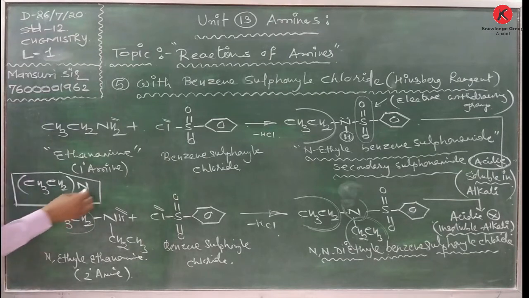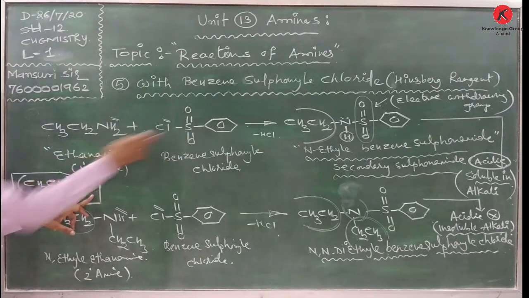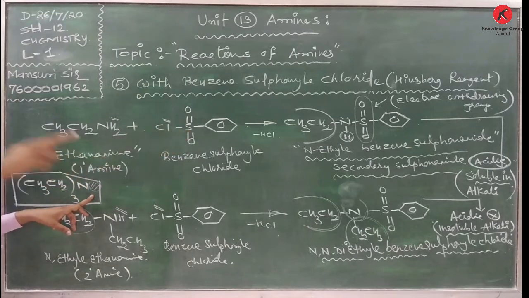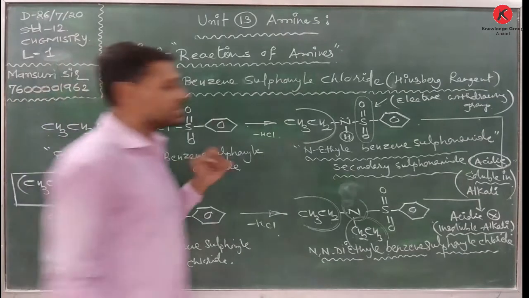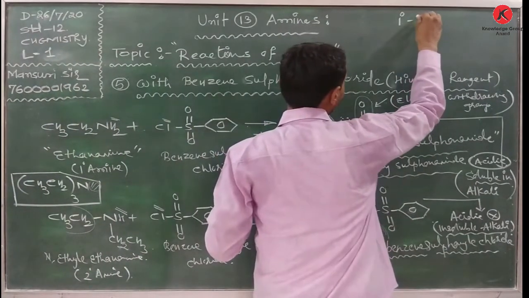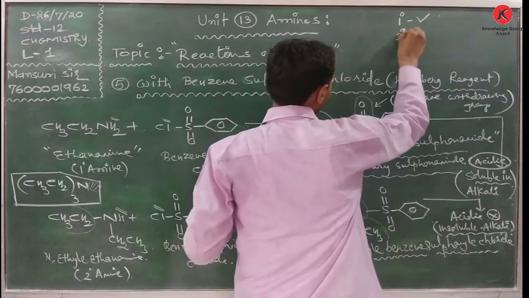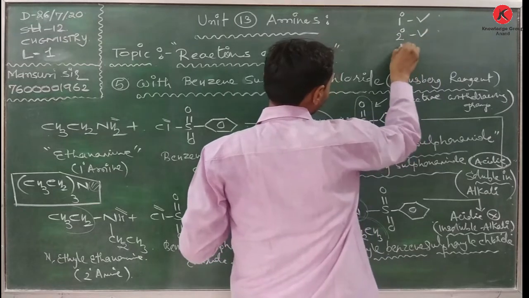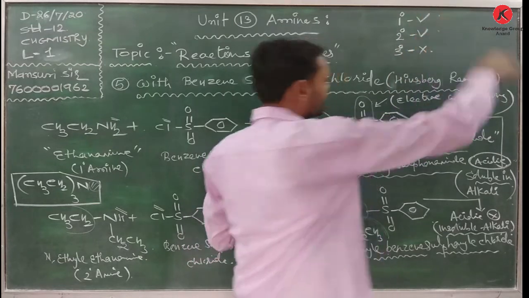Why? Because nitrogen does not have any hydrogen. That is why tertiary amine does not react with benzene sulfonyl chloride. So in this reaction, primary amine gives this test, secondary amine gives this test, but tertiary amine does not give this test.